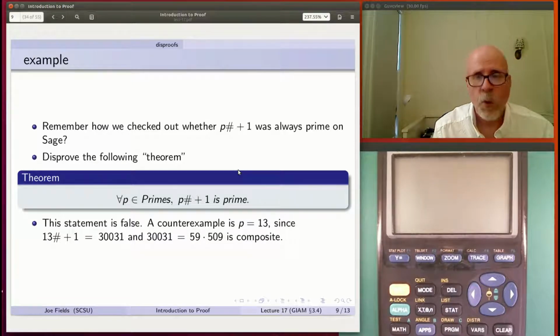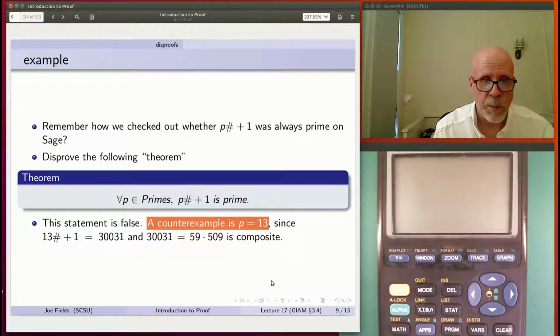Now, that's a little wordy. It would actually be perfectly good to just say a counterexample is p equals 13 and put a period there. A lot of people will do that. I tend to be, maybe you've noticed, a little pedantic. So I like to start out by saying, absolutely, unequivocally, the statement is false, so that I'm making it clear to people that I'm not trying to prove something that's wrong.